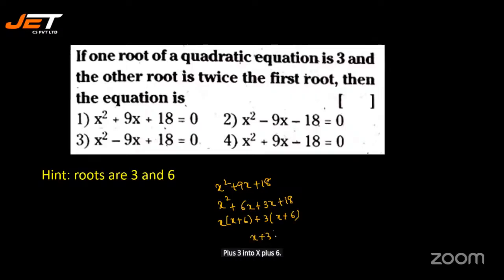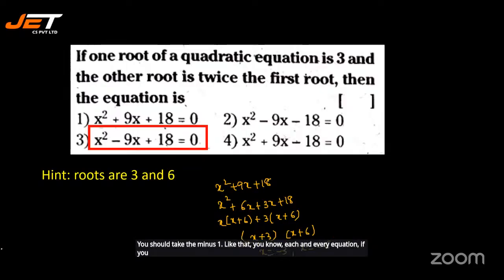So x plus 3, x plus 6. So you get x is minus 3, x is minus 6. All right. But our roots are 3 and 6. So you should not take that. You should take the minus 1. Like that, each and every equation, you should work it out and try.